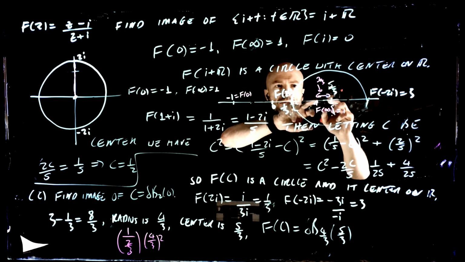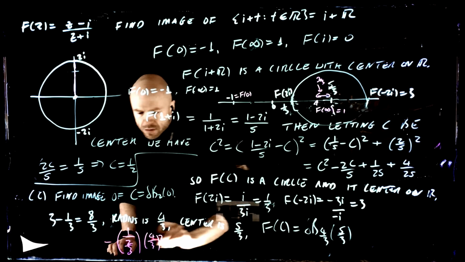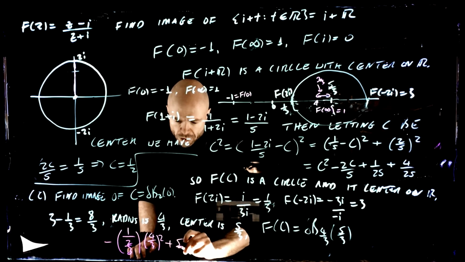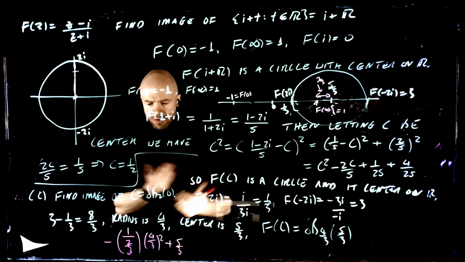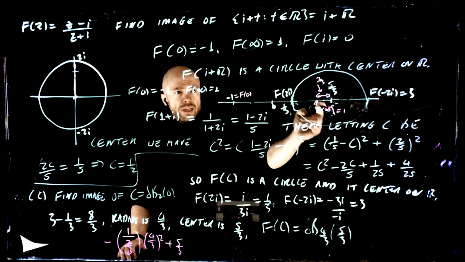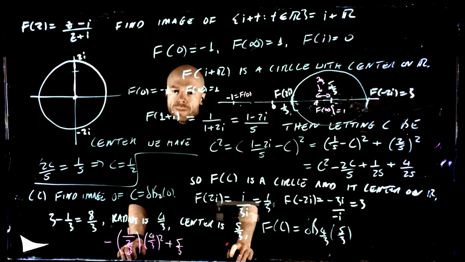So we take this quantity minus plus 5/3, right? So if everything is correct, then this thing should be exactly -1, right?